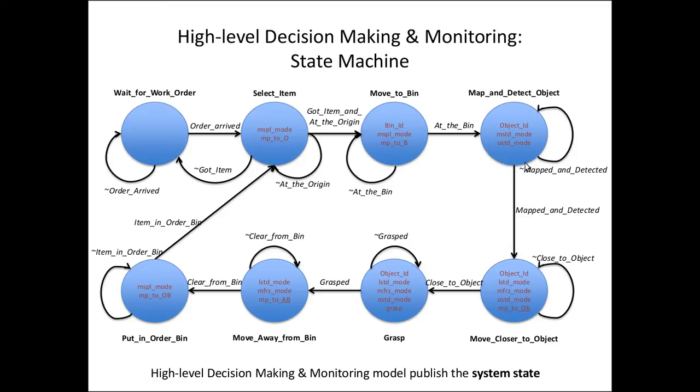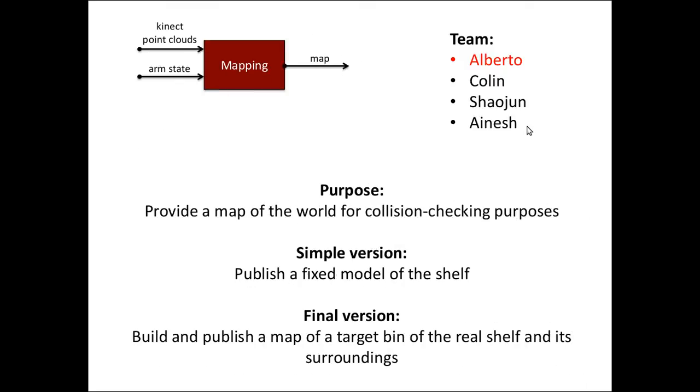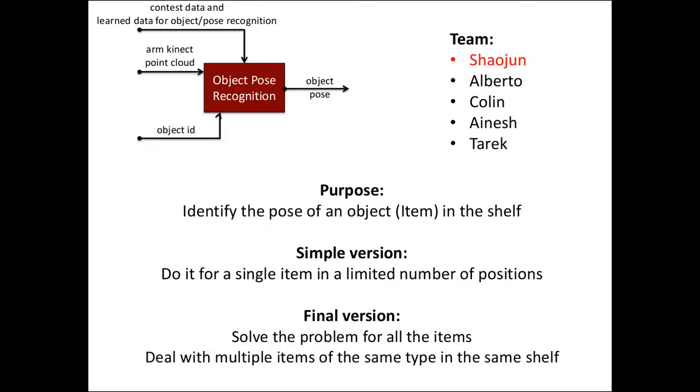When the map is done, I can then move to the other state depending on the detection or not of the objects of interest. So let's go ahead and see how this model will operate, the object pose recognition model.